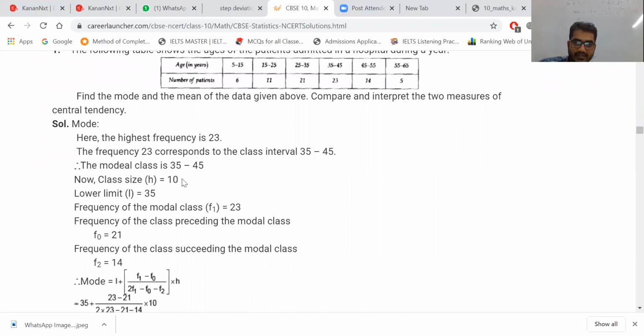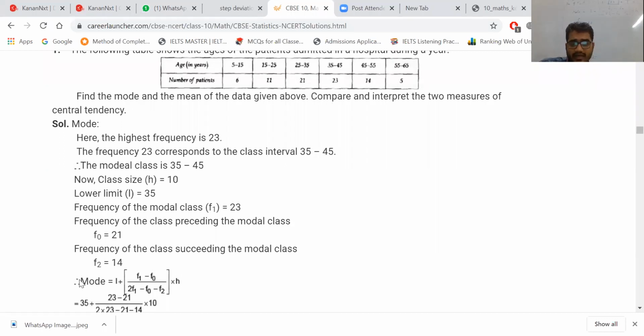Then we have H equal to 10, lower limit 35, frequency of the modal class 23, and frequency F0 is 21. One more thing: taking F1, F0 or F2 in this way will not create any issue.